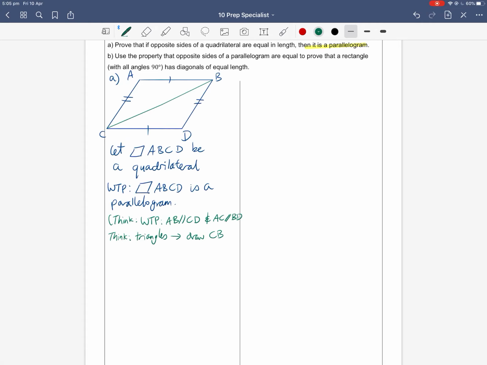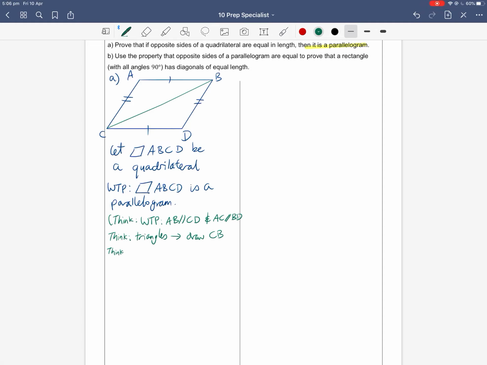Okay. So the goal is, if I can prove that this angle and that angle are the same, then we can apply the reverse alternate angle rule to show that AB is parallel to CD. And similarly, if I can prove that AC is the same as that angle there, then using the alternate angle rule, or the reverse of it, we can show that the sides are parallel.